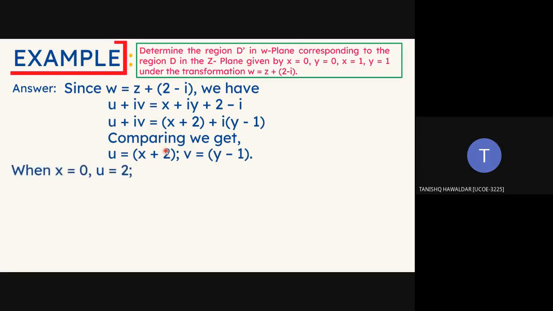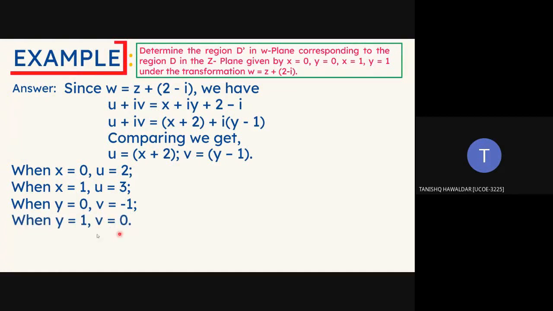Therefore, substituting the values of x and y from the given equation in the derived equations of u and v, we get u equals 2 when x equals 0, u equals 3 when x is 1, v equals minus 1 when y is 0, and v equals 0 when y is 1.